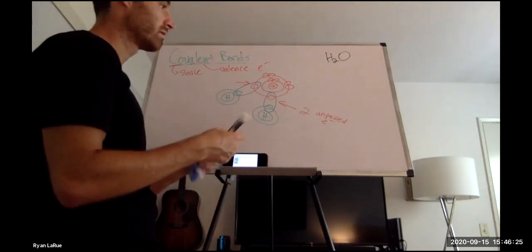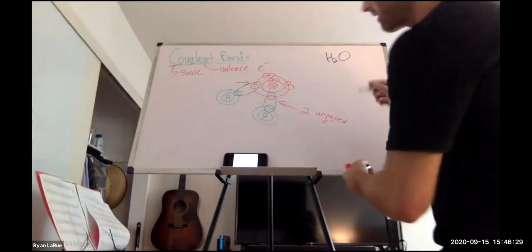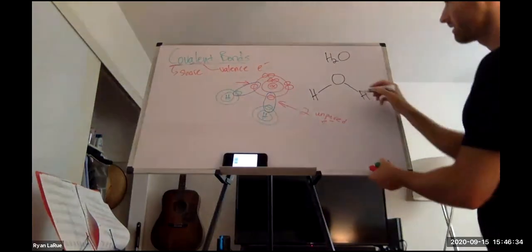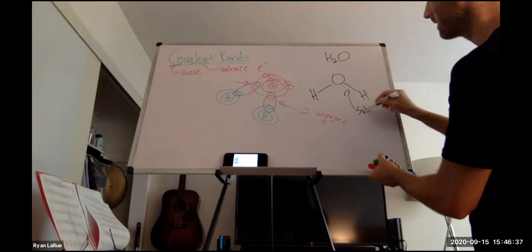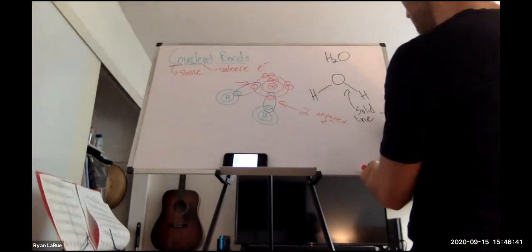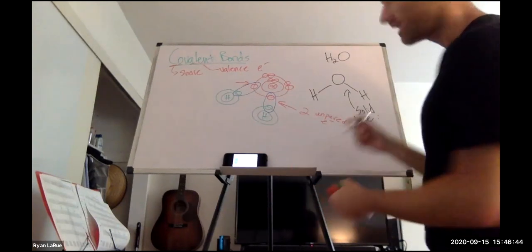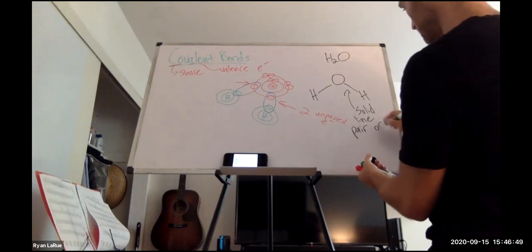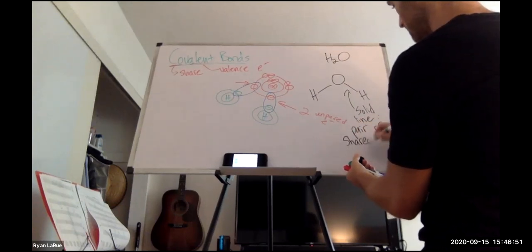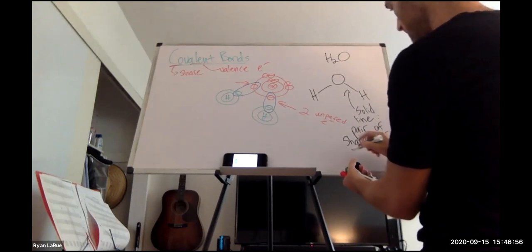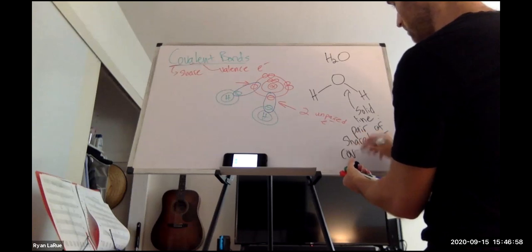And so a water molecule in a simplified form looks like that. And we draw this solid line to represent a pair of shared electrons forming a covalent bond, which equals a covalent bond.